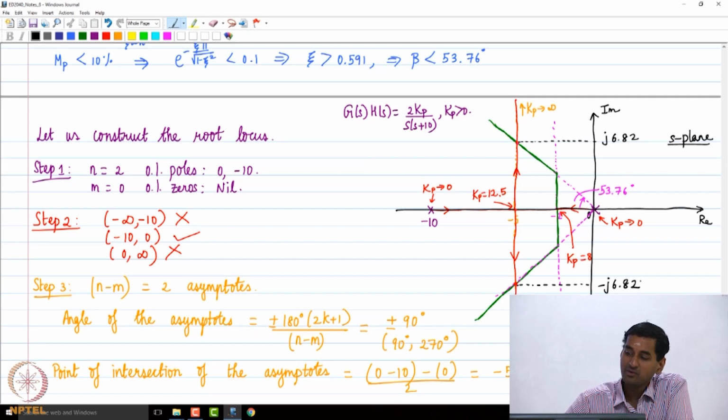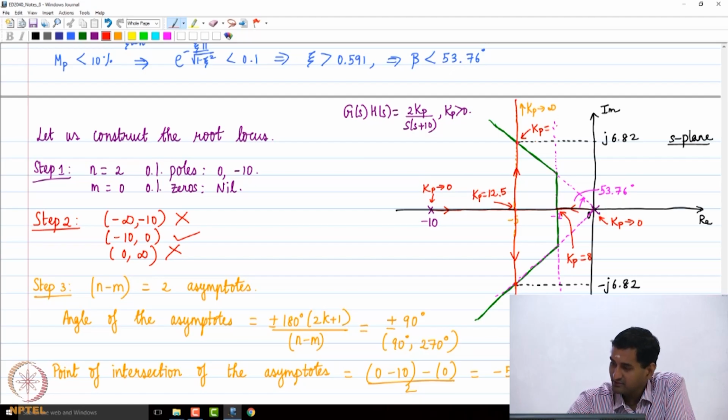Now how do you find the value of Kp at that point? Once again we substitute the corresponding value of S in the closed loop characteristic equation. See, what is the value of S here? Minus 5 plus 6.82j. Please plug it into the closed loop characteristic equation.